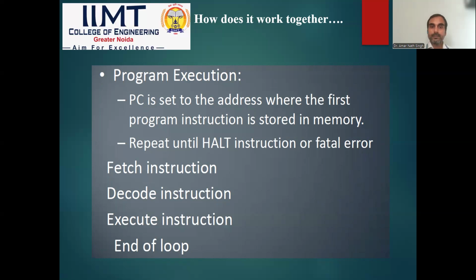This process continues until we reach the HALT, which is the end operation, or, in the worst case, until you face a fatal error. So fetching the instructions, decoding the instructions, executing the instructions, and ending the loop are the cycles in which the whole process is taken into consideration.